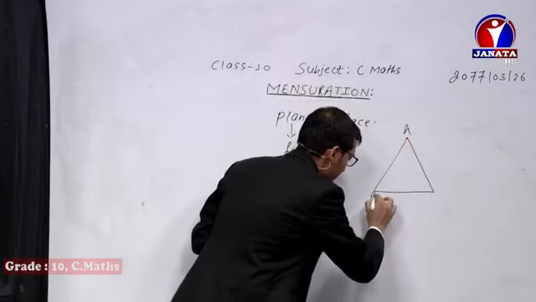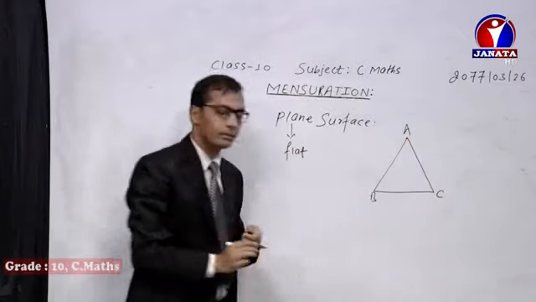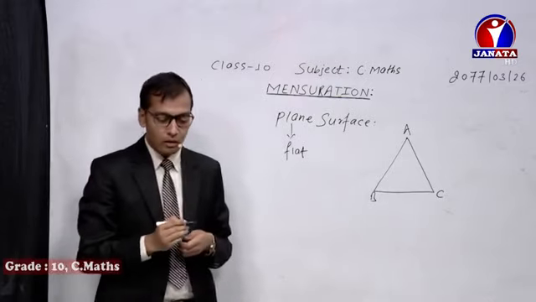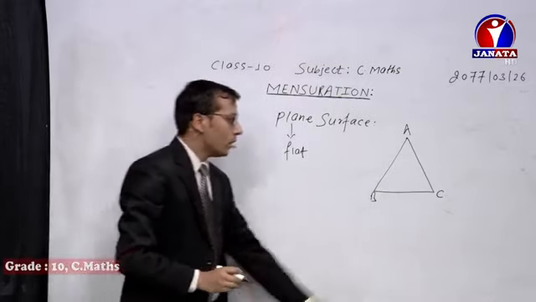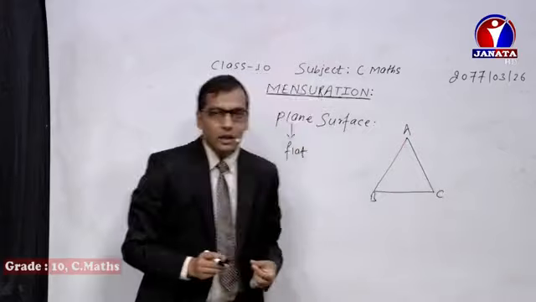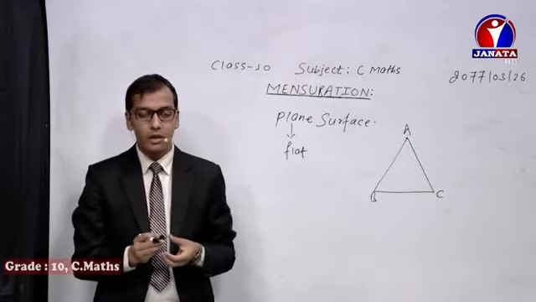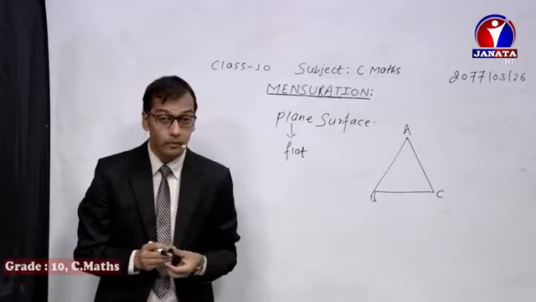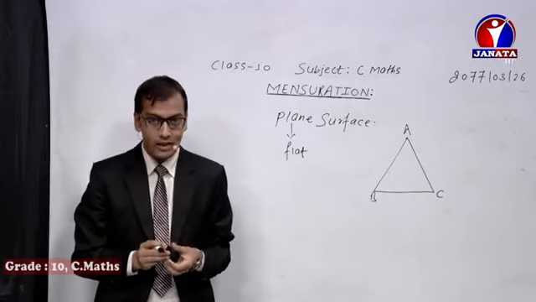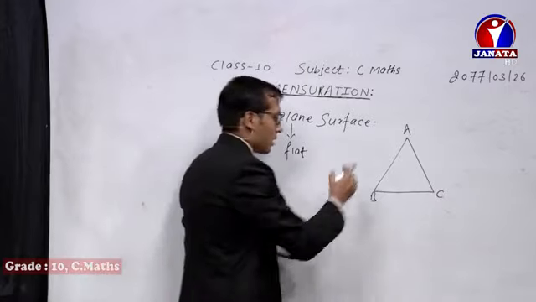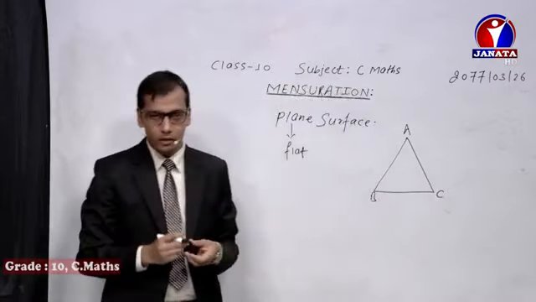Its name is, suppose, triangle ABC. Here I am taking triangle ABC. A, B and C are the vertices of the triangle, and we denote vertices or angles by capital letters and the sides by small letters.